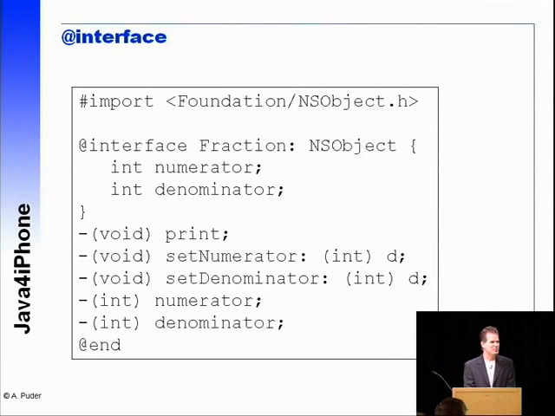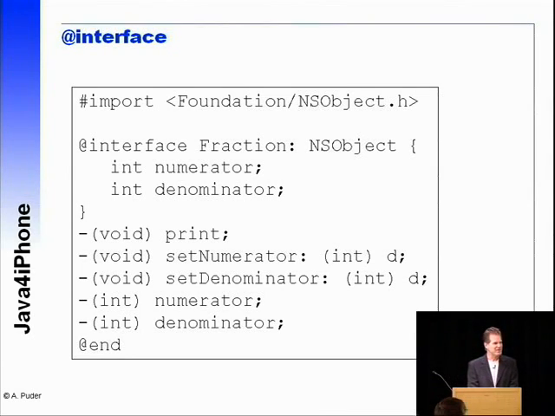You see there are two members for a fraction, numerator and denominator, and there are some instance methods here. Instance methods are prefixed by a minus sign. So whenever you see this minus sign, that tells you that you actually have an instance method.